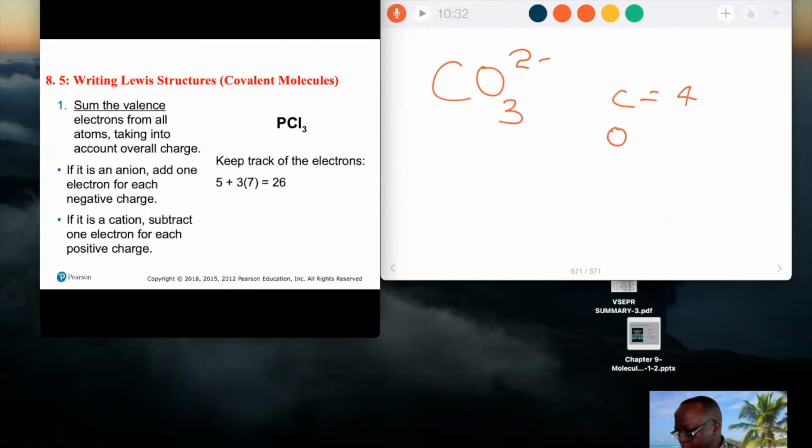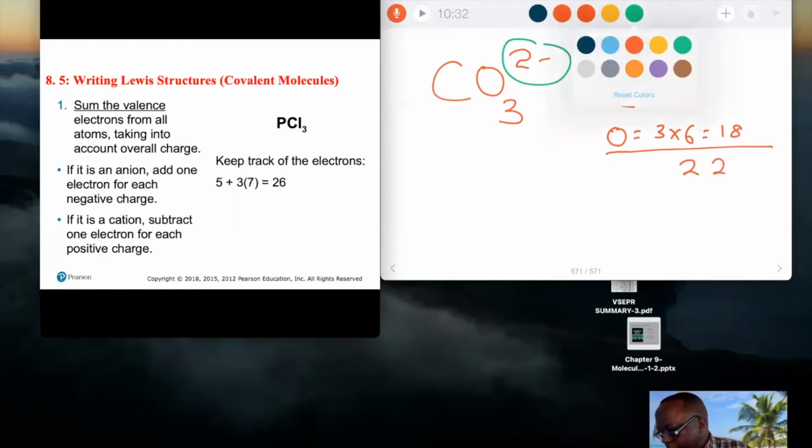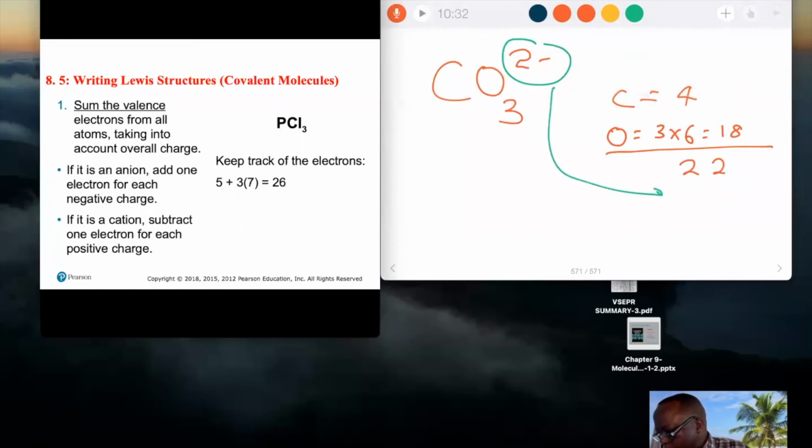We have 3 oxygen, so 3 times 6 for group 6. This is 18. And then if you add the carbon, this will give you 22. Because of this overall charge here, this is what we need to do. We add 2 to give us 24 valence electrons. This is rule number 1.